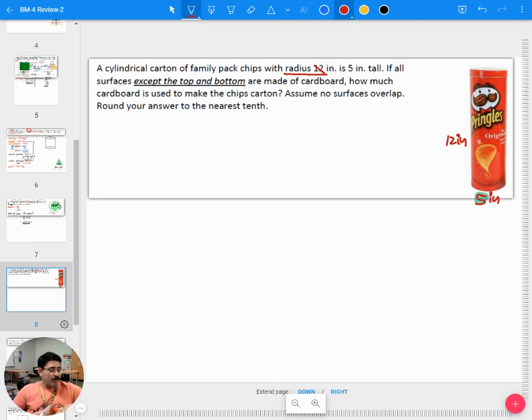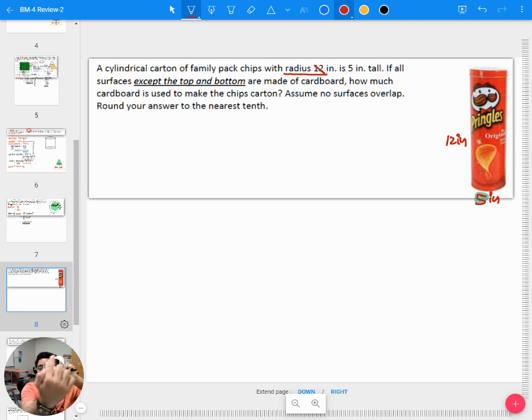So how to compute the curved surface area? Let's say that this is my chips pack. The bottom and top are not considered because the top is made of plastic, and the bottom is made of some metal sheet. In such case, what is the area of this cardboard? What do you see here? Do you see a circle?